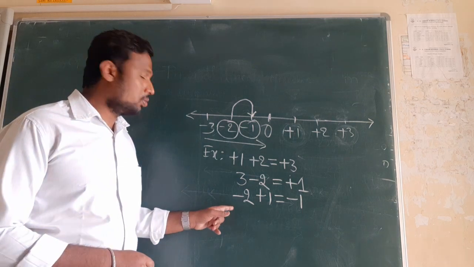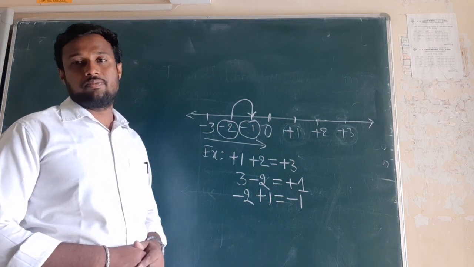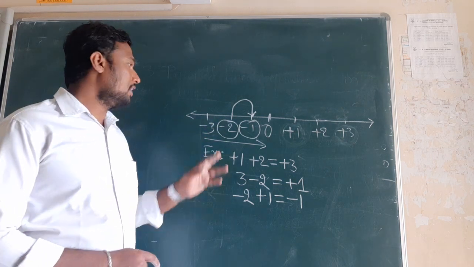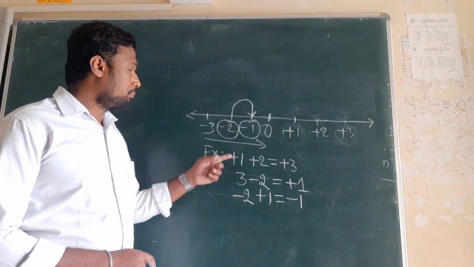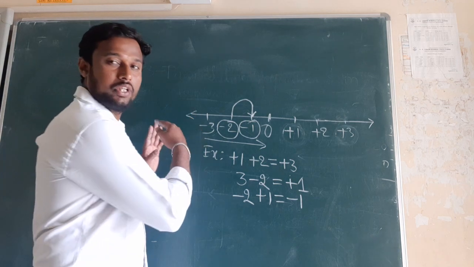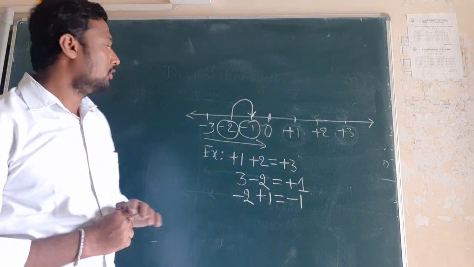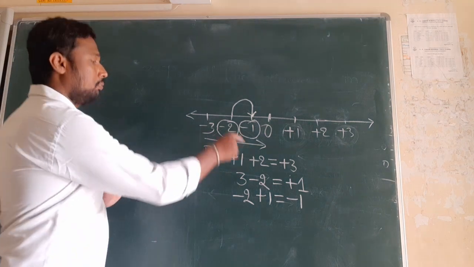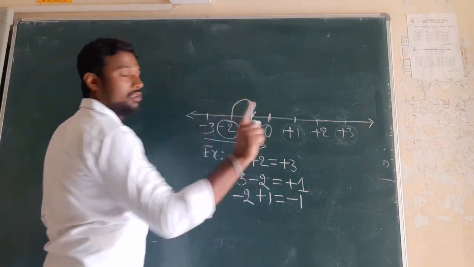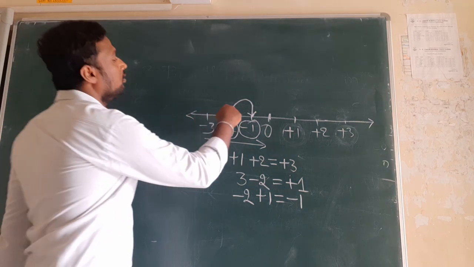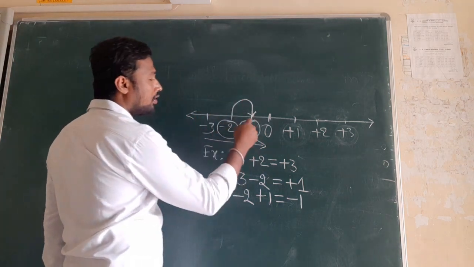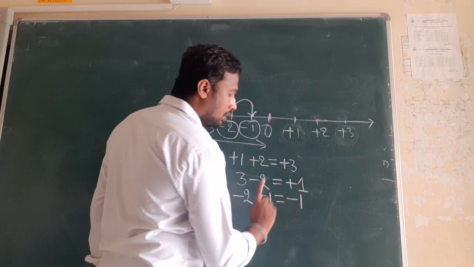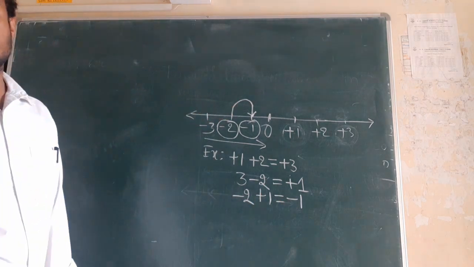So -2 plus 1. First you have to represent -2 on the number line, and when you are adding, like in the first example, you have to move to the right part of this number line. So plus 1 means just you have to move only one step. So when you move only one step, what did you get here? The answer is -1. So -2 plus 1 means -1.